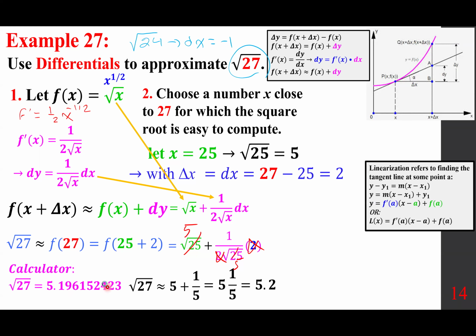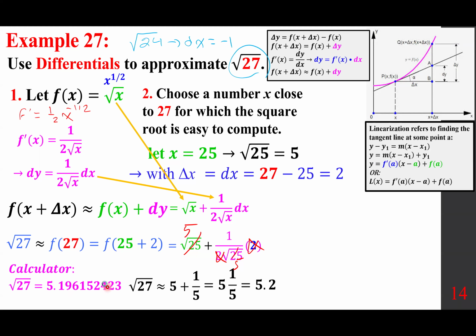We also can use linearization. Linearization refers to finding the tangent line, and we don't have to memorize anything. We're going to go with the point slope, which means first we need to know what function, at what point: the function is square root of x at x equals 25.